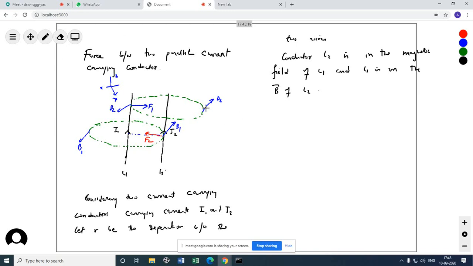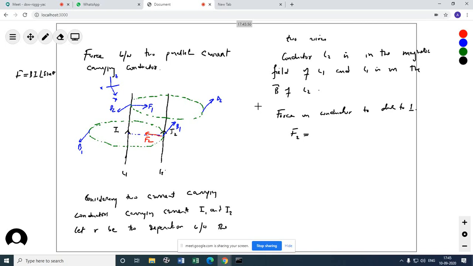So then I can write, force on conductor 2 due to 1 will be what? F2 would be, it is in the magnetic field of which one? We know, yesterday we derived F is equal to BIL sin theta, right? So the wire is in the magnetic field of which wire?